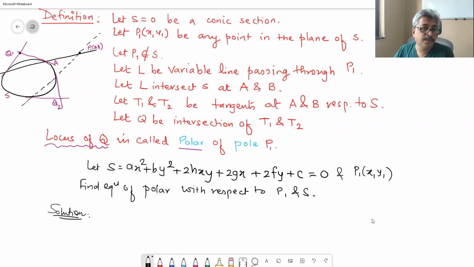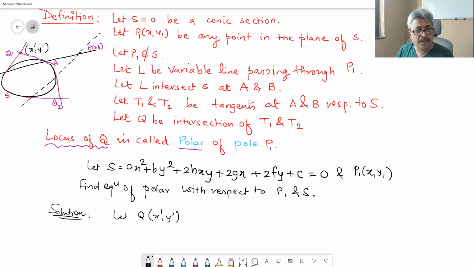let Q be (h, k), or if we are not happy with h, k, we can say let Q be (x', y'). Okay, one of the intersections is (x', y').